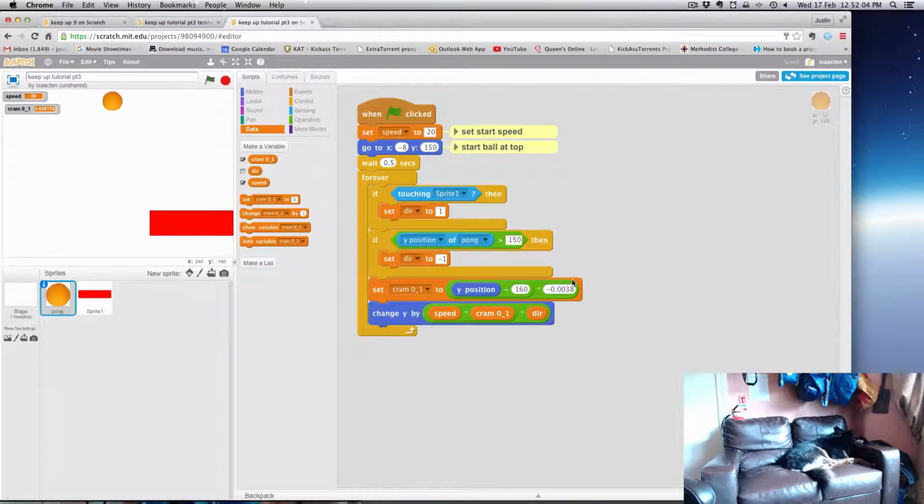Let's make a little comment. I like comments. Okay, we'll say something like: convert y position, y pos, to a number between 0 and 1. Sorry, we erased all that.